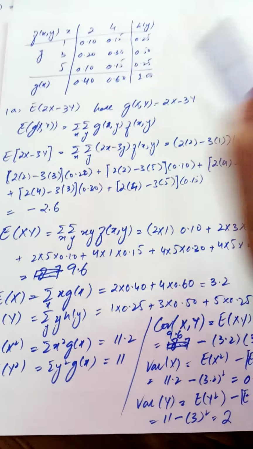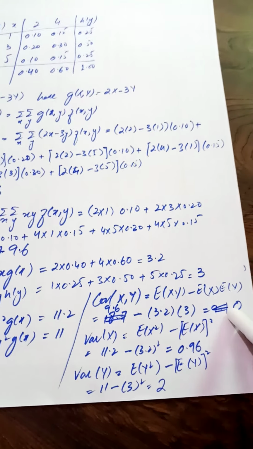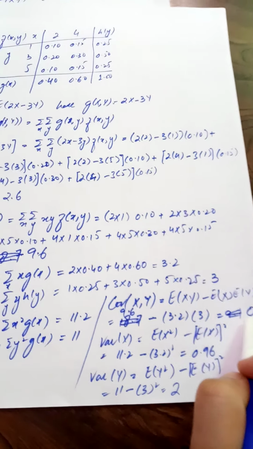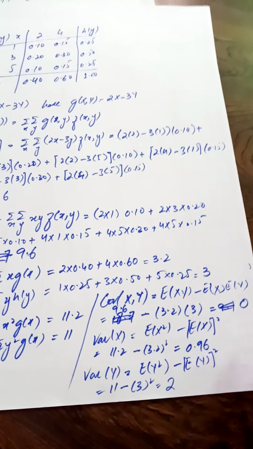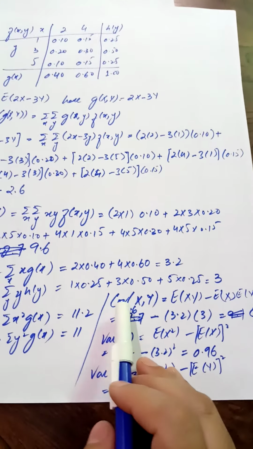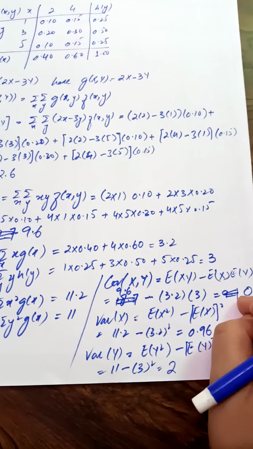We can observe this trend here. Since covariance of x and y is 0, it states that x and y are not related. So we can say that if x and y are independent, covariance of xy is 0. Vice versa, if covariance of xy is 0, we can say that the variables x and y are independent. So this is another way to check independence.